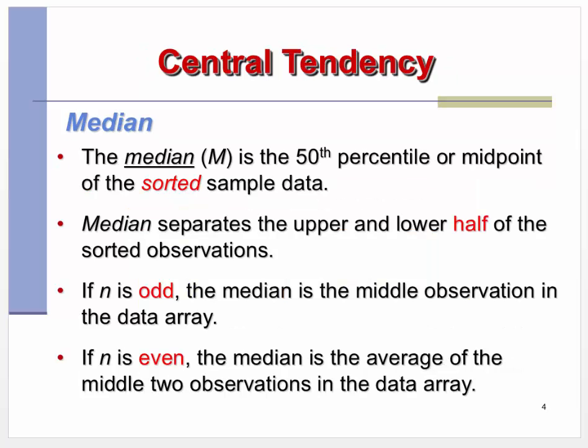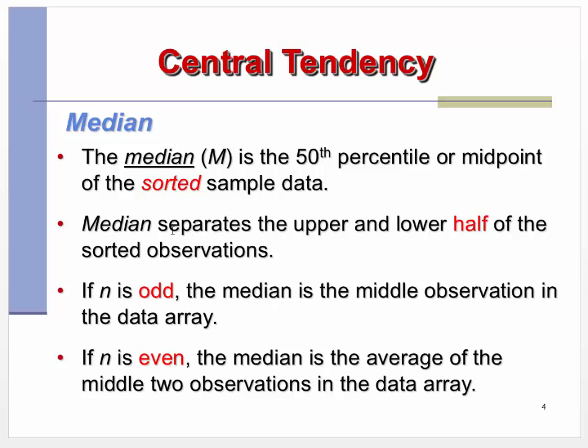That's the mean. The second one is called the median, that you probably have heard about as well. The median is the 50th percentile or midpoint of the sorted sample data. So to get the median, you need to first sort the data from low to high, and then you find the 50th percentile. You split them half and half, then find the midpoint.